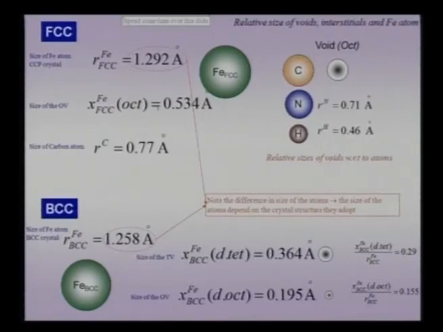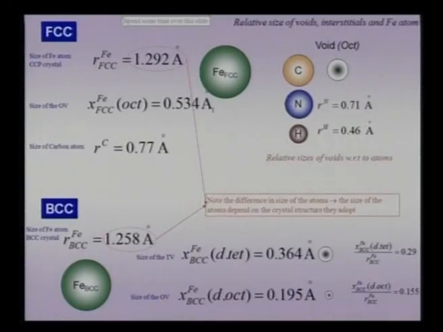So, that can fit into an octahedral void, but if you take any other atom like nitrogen, which is itself a small atom, or our carbon, which is of technological importance, this would not comfortably fit. In other words, when I try to put carbon into FCC iron, there will be solubility, but this solubility is limited by the kind of distortion it causes to the lattice. Of course, initially we consider only dilute concentrations of carbon in gamma iron.